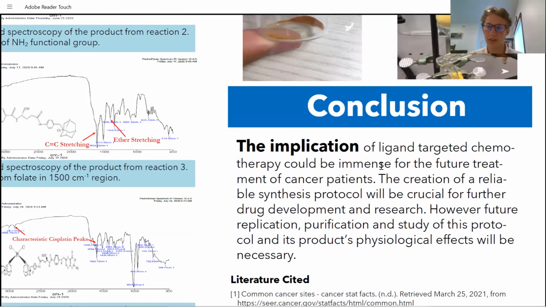Obviously, this protocol needs further replication and purification and different strategies to be used, but I believe it does have a good foundation and really could be used to help a lot of people in the future. It was amazing to get to see the chemistry in action and see the possible implications it could have for other people, even if it's a slight solution to help someone else get to the goal line. It was really amazing to do.